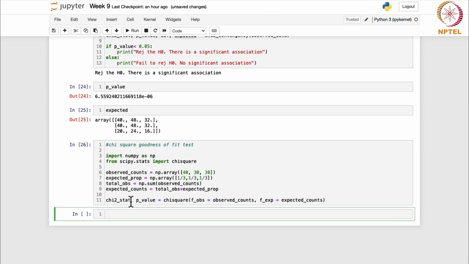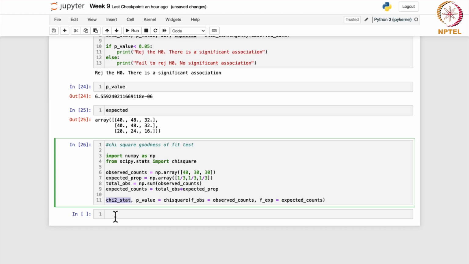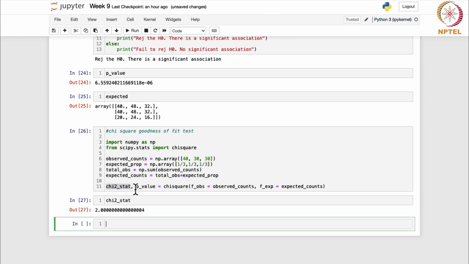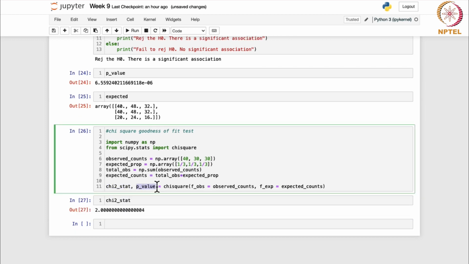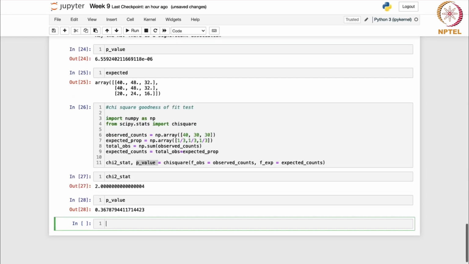Okay, so if you want to see these, the p-value over here is 0.367. So obviously if you take alpha as 0.05, you fail to reject the null hypothesis. Okay, so if you fail to reject the null hypothesis, it means that the observed distribution does not differ significantly.